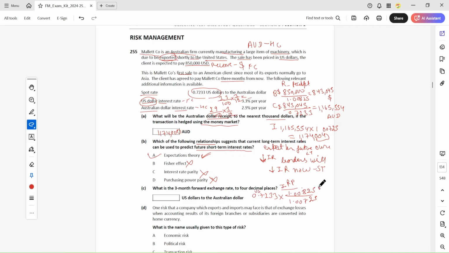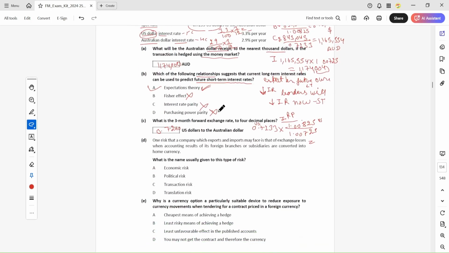This one is the US dollar rate, so it goes in the numerator. So what is the answer? The answer is 0.7240, US dollar to Australian dollar.